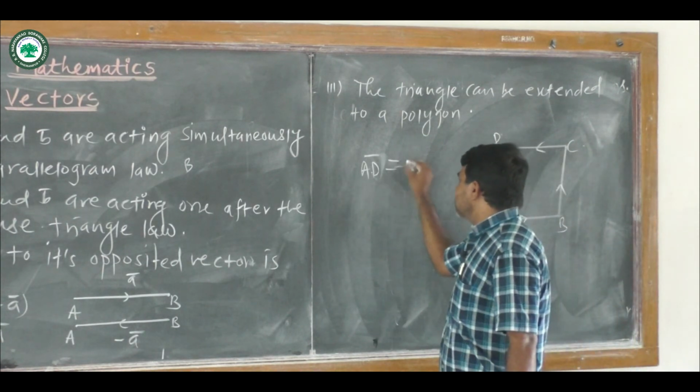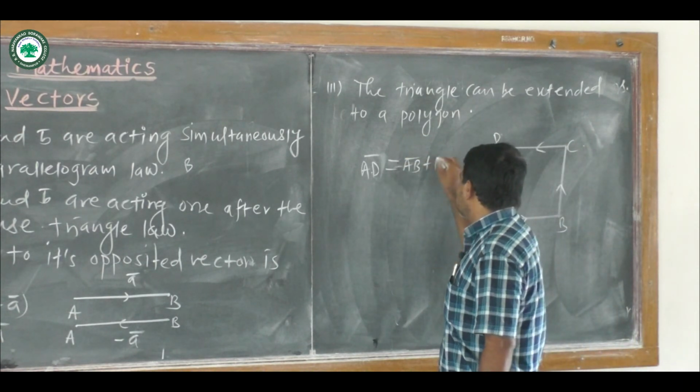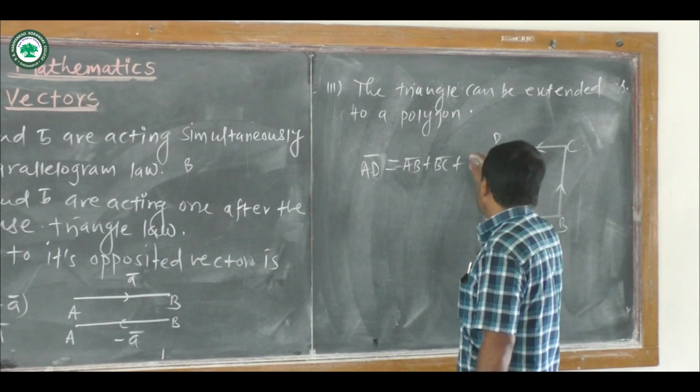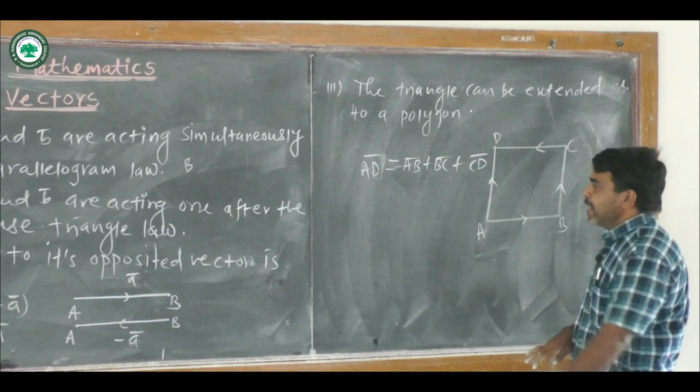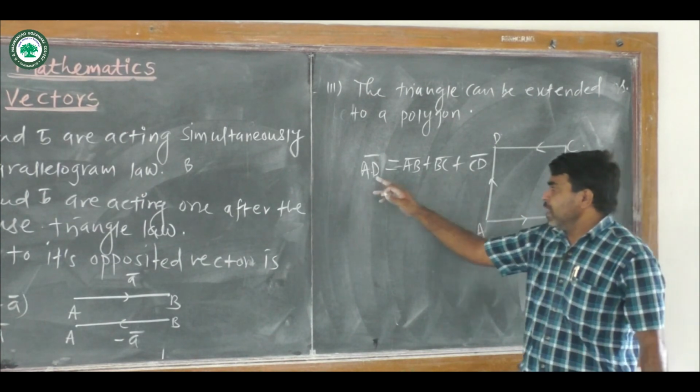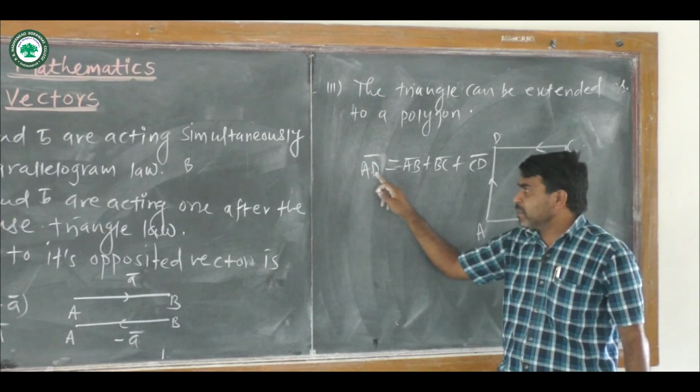So AD bar is equal to AB bar plus BC bar plus CD bar. Now observe the left hand side. What is on the left hand side? AD bar. The last point is D.